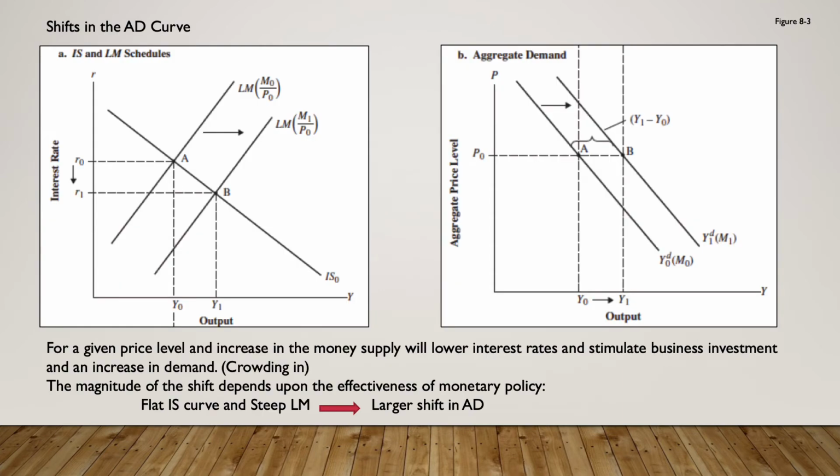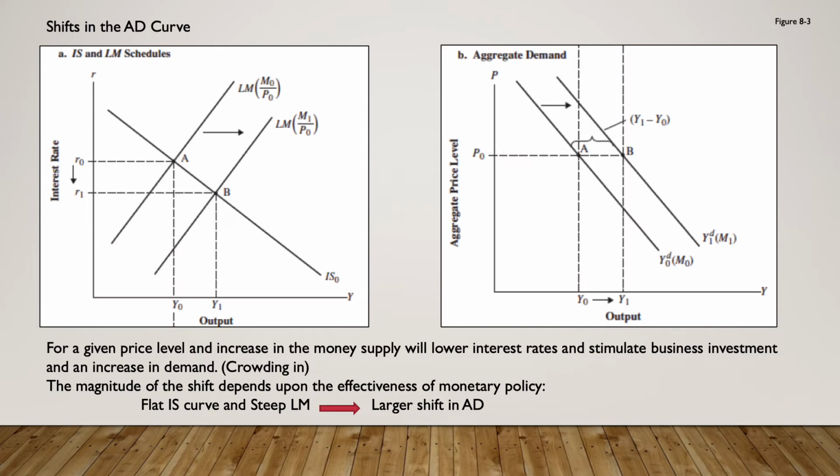Let's now turn to the shifts in the aggregate demand curve. We've looked at the slope of the aggregate demand curve. Let's determine what moves it around. Shifts in the aggregate demand curve obviously come from shocks in the ISLM model, and one reason you can get a shift is because of shifts in the LM curve.